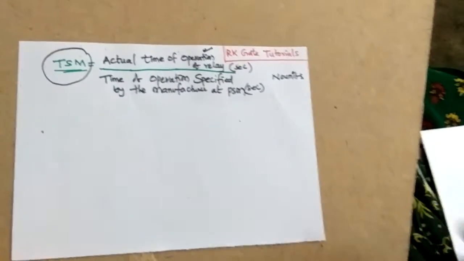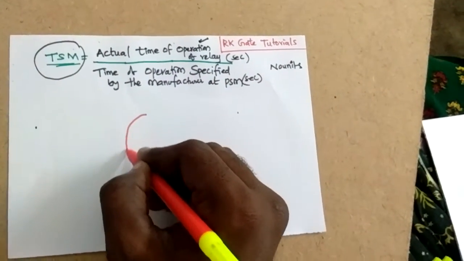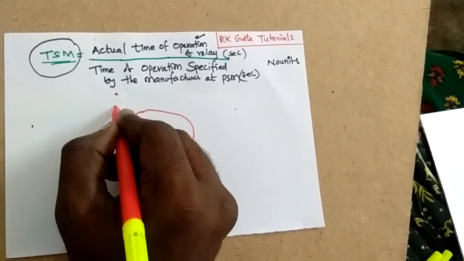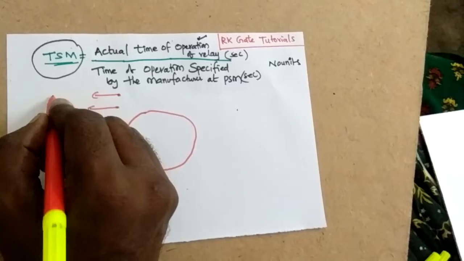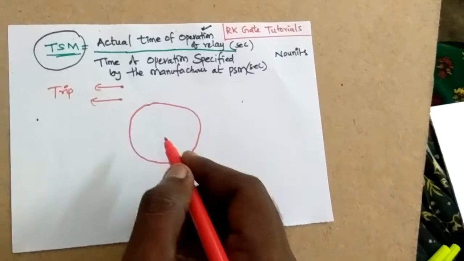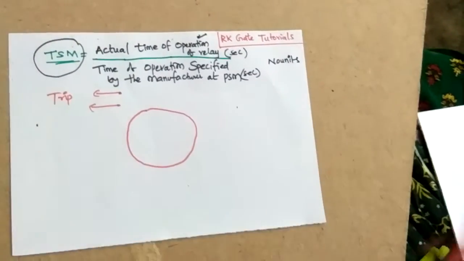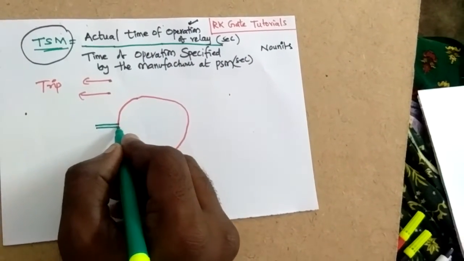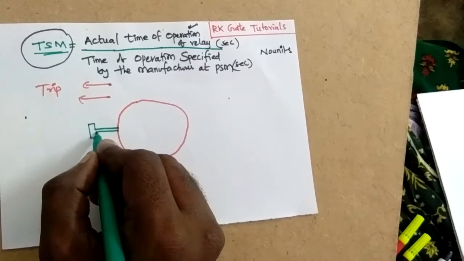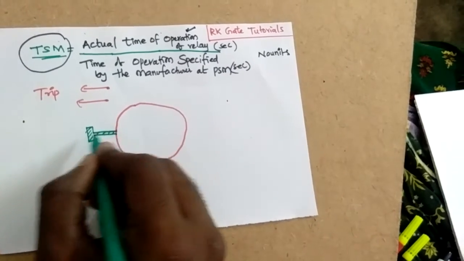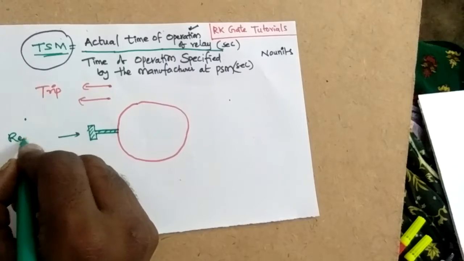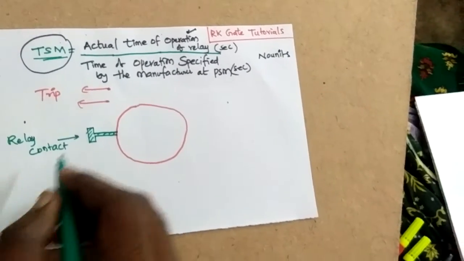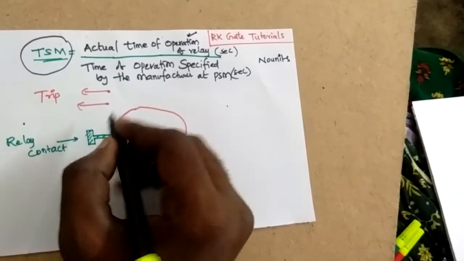Now if you observe the diagram once, this is a disk type relay, and here we have the trip circuit. Here the trip signal closes. The relay contact will be here, with the support of the backstop.